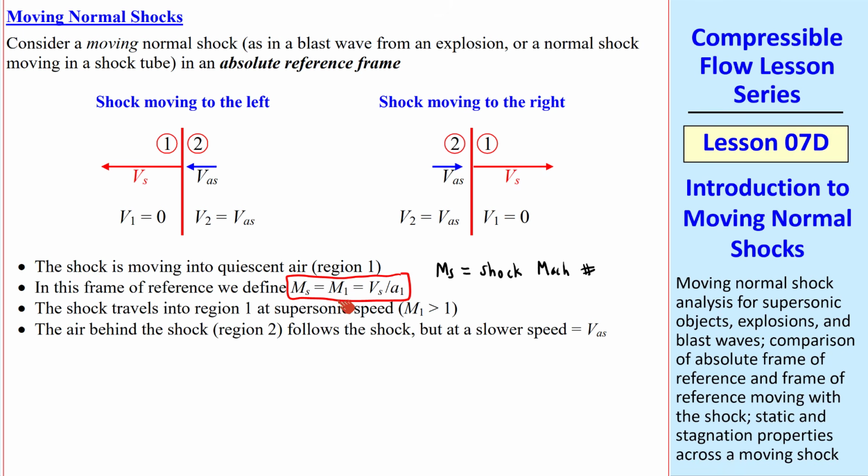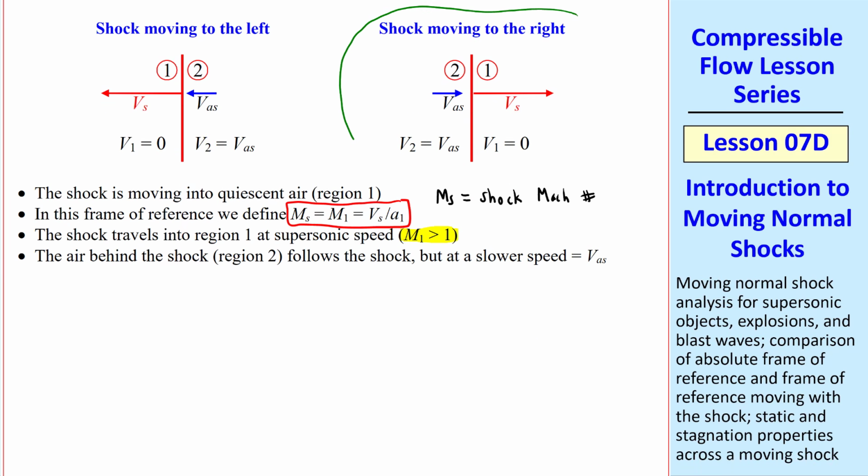It turns out that this is the same as M1 in our normal fixed shock reference frame, so M1 must be greater than 1 in order for there to be a shock. I also comment here that the air behind the shock, in region 2, follows the shock but at a lower speed, Vgs. Let's analyze this case in detail.